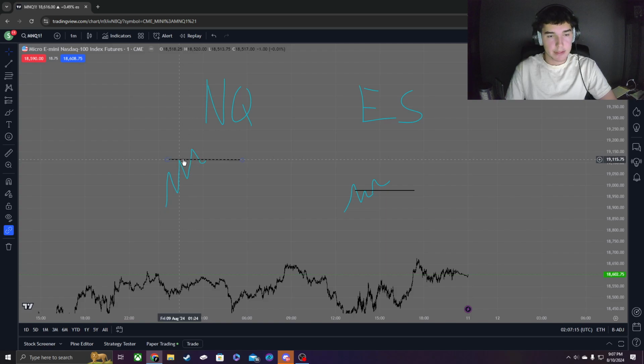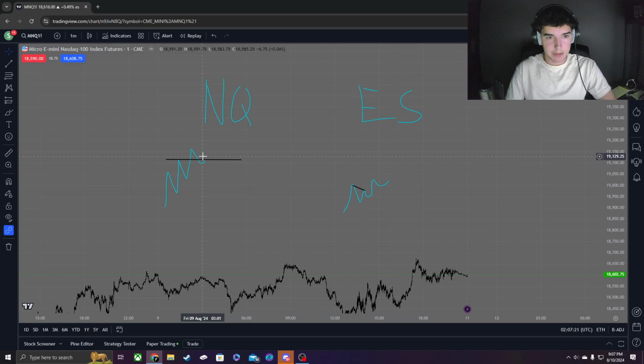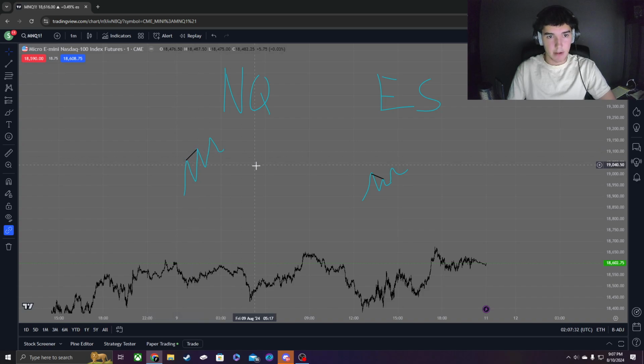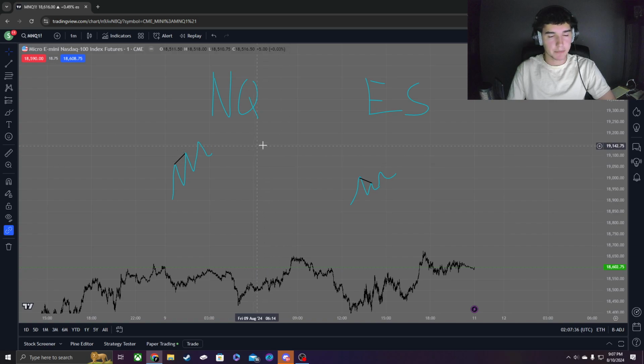This is an SMT divergence between these two highs. You can see that NQ made a higher high while ES made a lower high on that high. So this is a bearish SMT divergence.